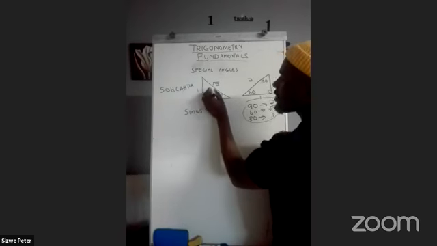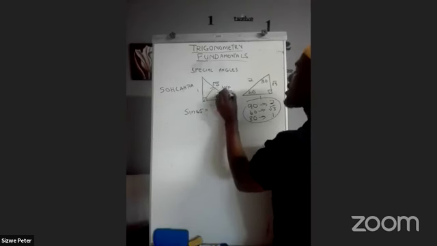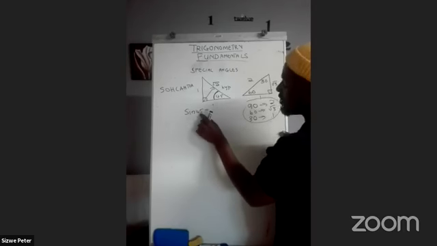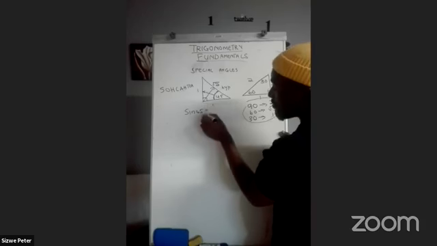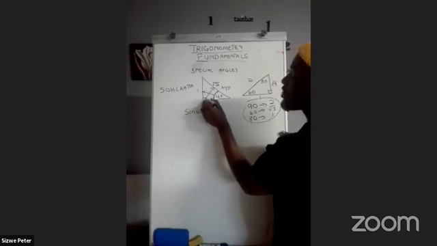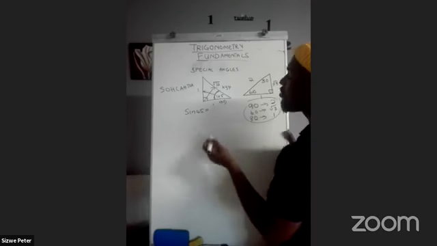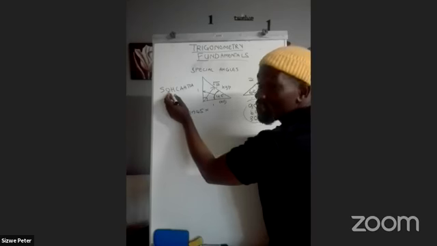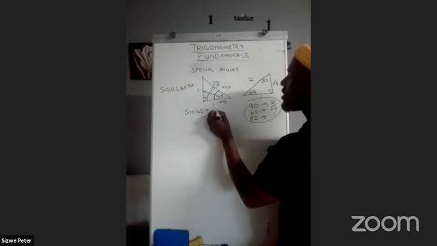Always opposite to 90, it's hypotenuse. Opposite to the angle, which is 45, because we're interested in 45, it's opposite. That means this one is adjacent. So if you want sine 45, according to SOHCAHTOA, it's opposite over hypotenuse. So what is opposite? Opposite is 1. What is hypotenuse? It's square root 2.